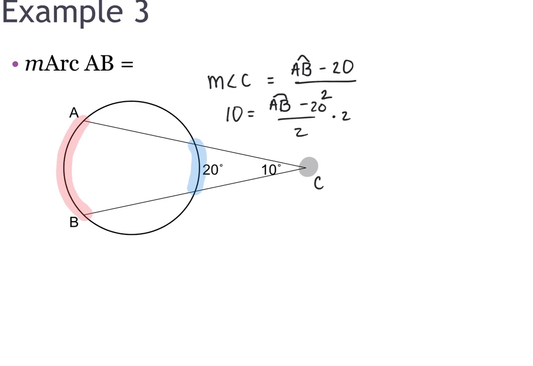Yep, multiply by 2 on both sides. We're going to get 20 equals AB minus 20. And what's my last step? Add 20 to both sides. 40 equals AB.